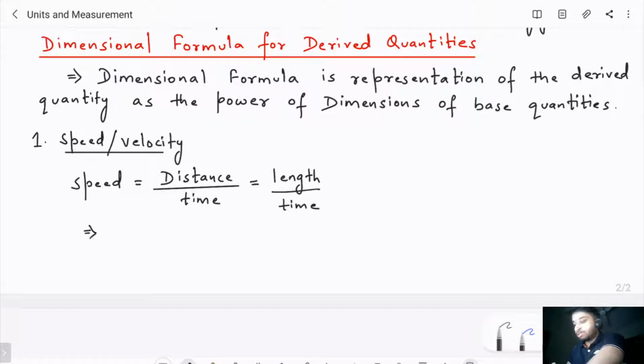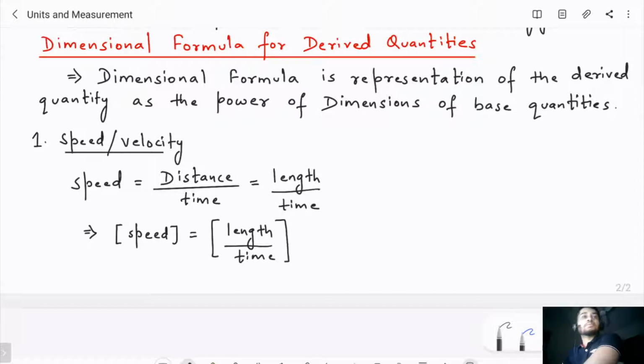So the dimensional formula for speed is same as dimensional formula for length by time. That is equal to L by T, or that becomes LT inverse.